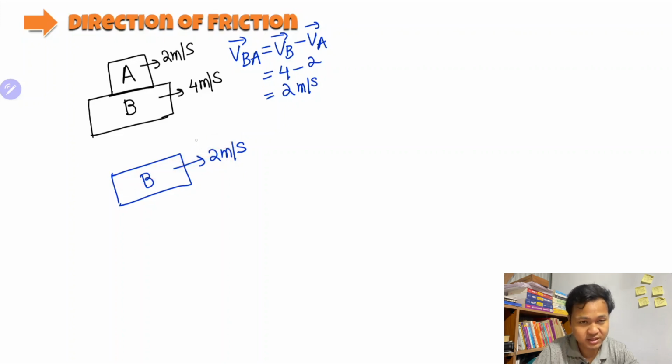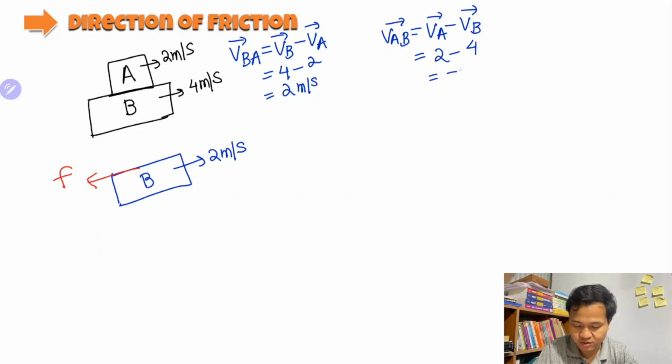That means friction opposes the relative motion. Friction should act opposite to the relative motion. Similarly, if I sit at B and look at A to draw the free body diagram of A, then the velocity of A with respect to B is velocity of A minus velocity of B. A is 2 and B is 4, so this is minus 2 meters per second.